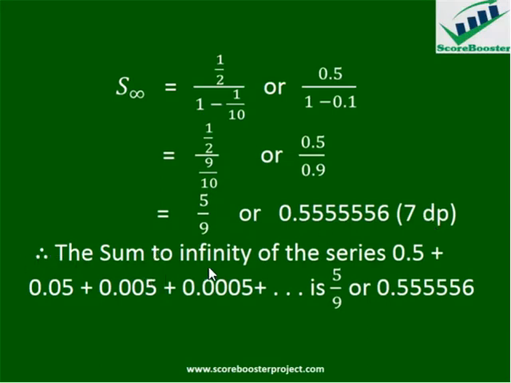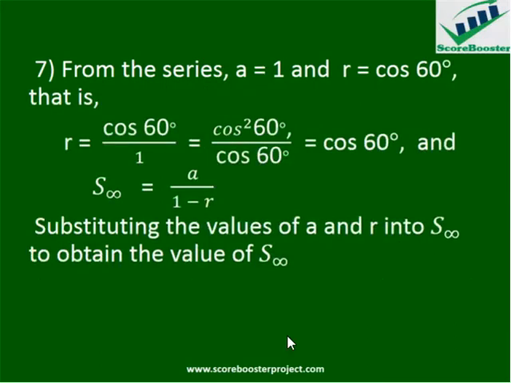Therefore, the sum to infinity of this series is either 5/9 when written in fraction, or 0.55556 when written in decimal to 6 decimal places. And that solves the sixth question.